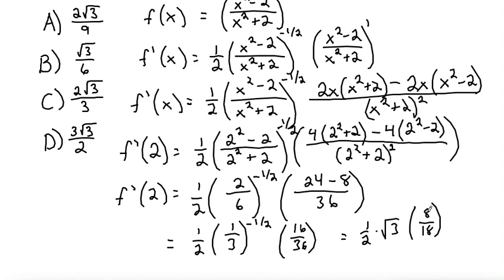And then we can simplify that again, dividing by 2 on top and bottom, and I can write this as root 3 over 2 times 4 over 9. And then we can cancel out a 2 from top and bottom to make that 2 root 3 over 9, which would be the final answer.